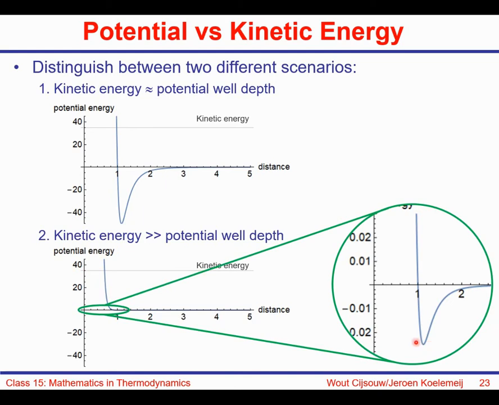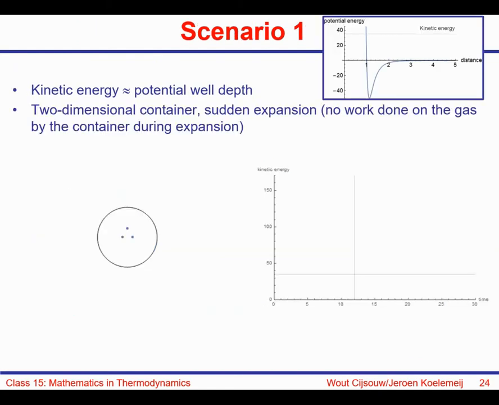You could also think of it as this potential here, but then the kinetic energy being much higher than shown here. That's an equivalent situation. So we're going to have a look at what collisions look like and how the kinetic energy behaves for these two different scenarios.